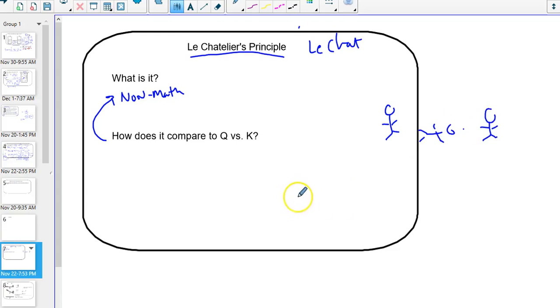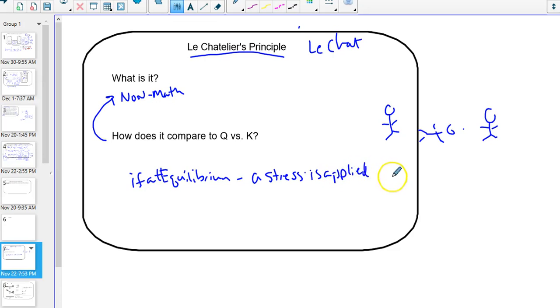So if you are at equilibrium, and a stress is applied, then the reaction is knocked out.